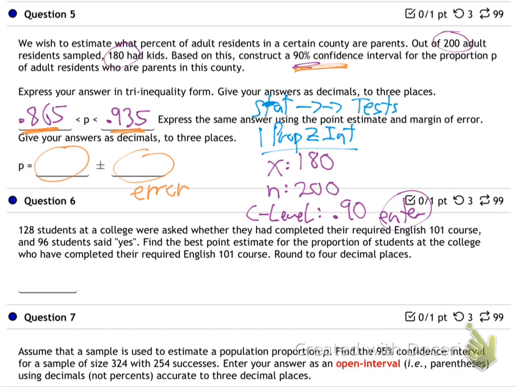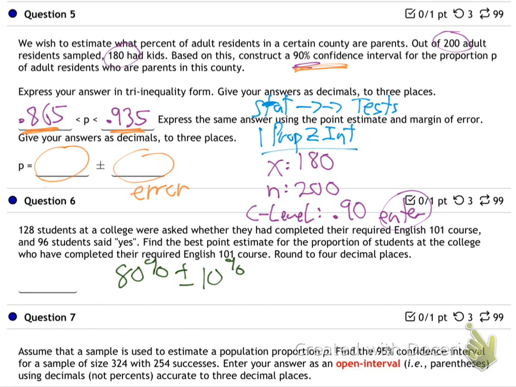So I think it'd be helpful if we think about backwards and then forward will make more sense. What if I said, and you'll read this sometimes online news, that studies show 80% of the adults in Tulare County have kids, are parents. But it's 80%, margin of error, give or take 10%.